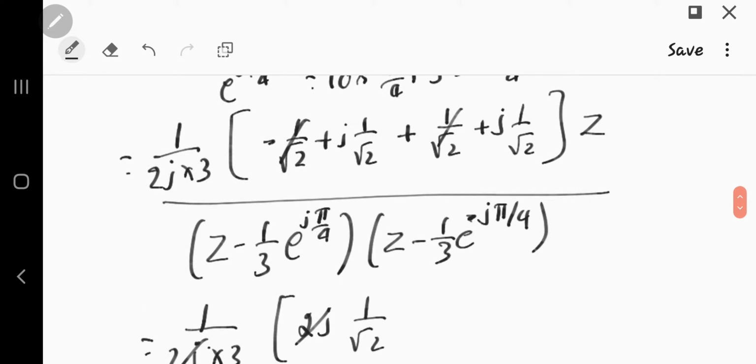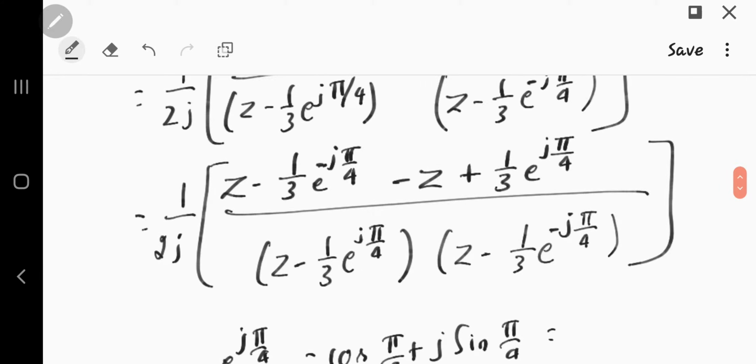You can take this outside here and keep it here.